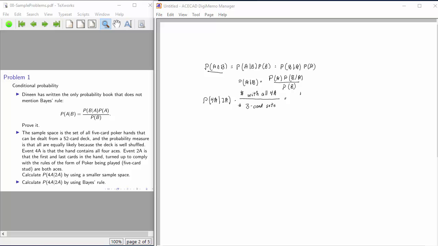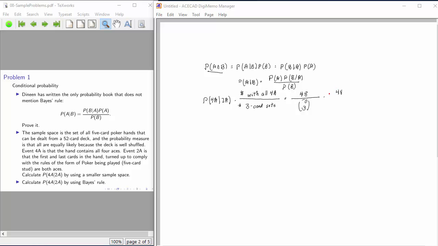So there are 48 ways that my opponent's unexposed 3 cards can include the 2 missing aces, and there are 50 choose 3 ways of selecting that set of 3 cards, and the ratio is easy to work out.